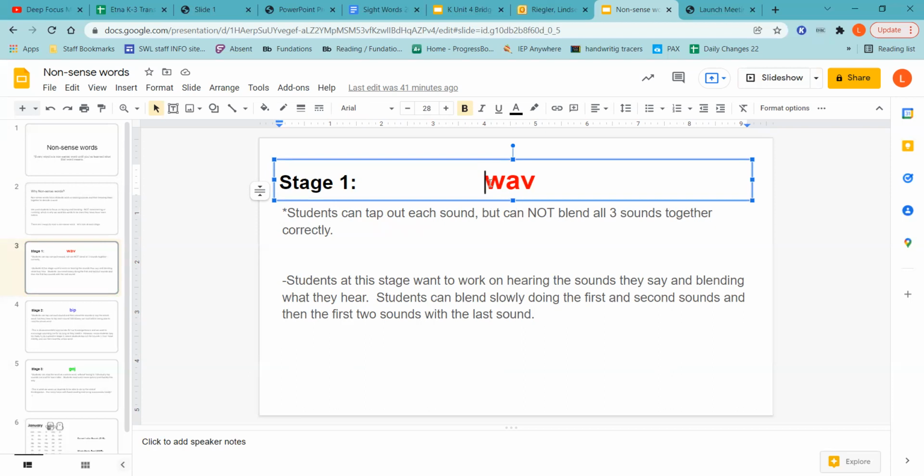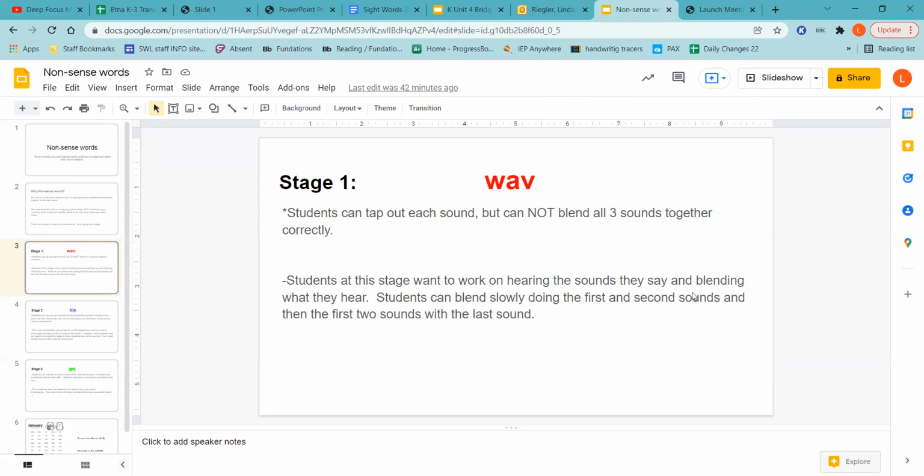Students might look at this word and tap, "oo, ah," but they are unable to put those sounds together, either because they're not sure what to do or they might put it together incorrectly. So they might say, "oo, ah, vab," which doesn't match what they tapped out. Students at this stage want to work on hearing the sounds that they say and being able to blend what they hear.